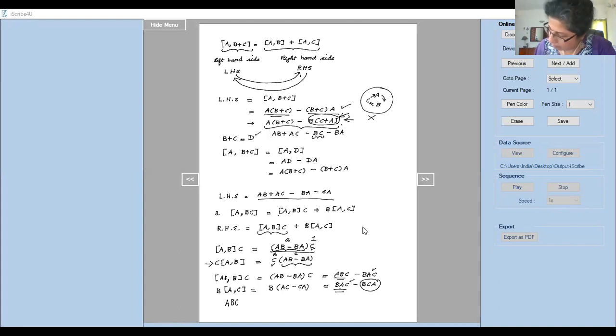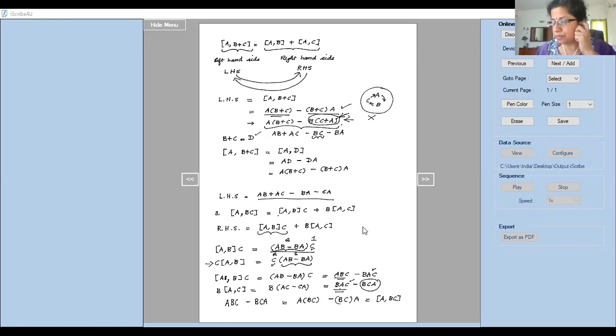You're left with ABC minus BCA. Please note that when you take out anything common, you cannot take out anything common. You will write it as ABC minus BCA, which is going to be nothing but the commutator of A with BC, right?